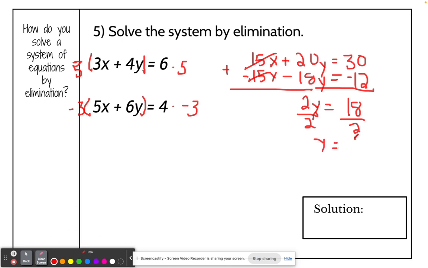Now again, I can go to either equation and solve for x. Let's go to the top one this time. 3x plus 4 times 9, I said y is 9, equals 6. 4 times 9 is 36.